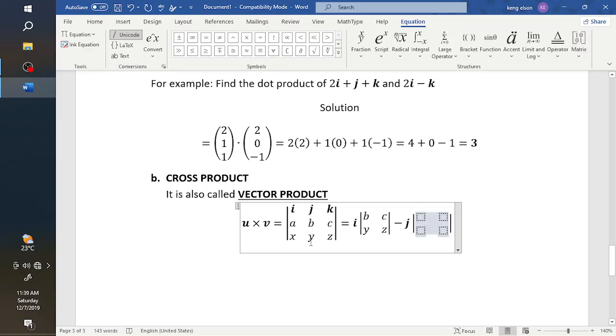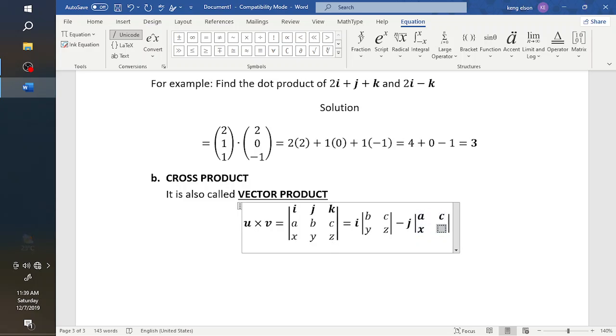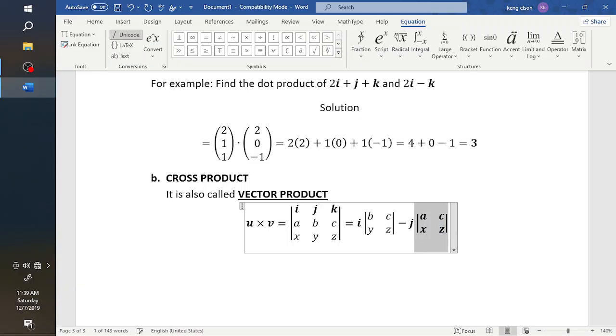Now I have to shift the first vertical line to the second vertical line. Once I cover this, I'm left with a, c, x and z. Is it okay? So we have a, c, x and z. Remember that when you cover j, the sign is supposed to be negative.